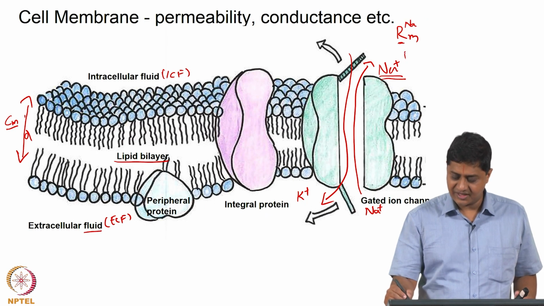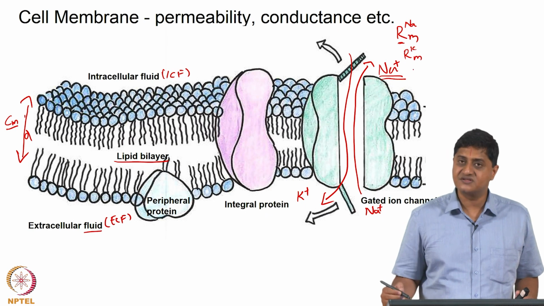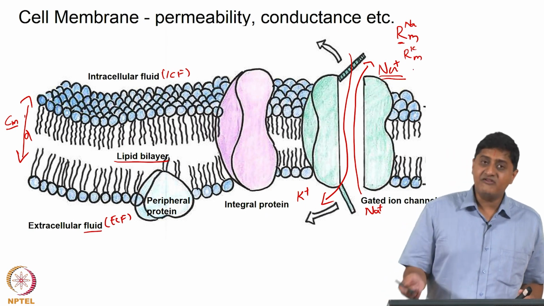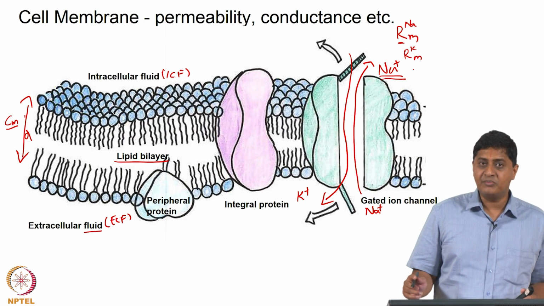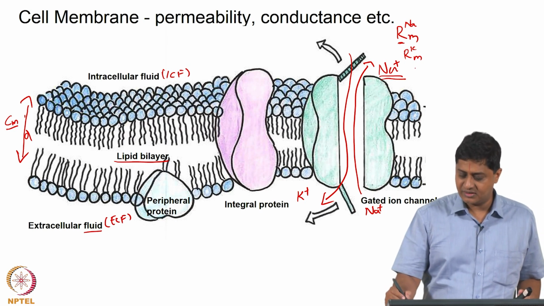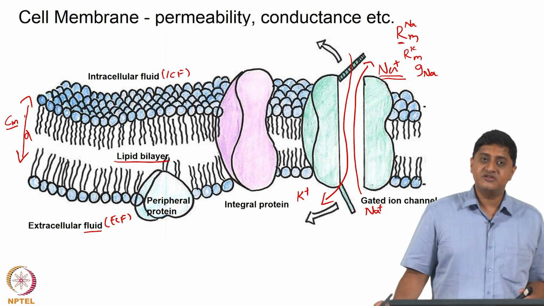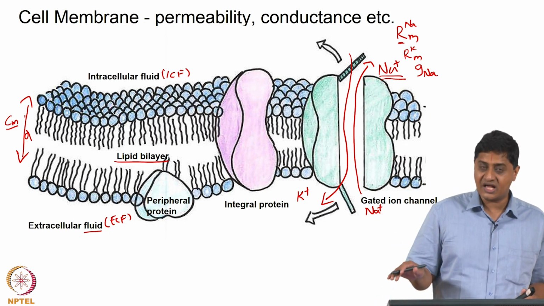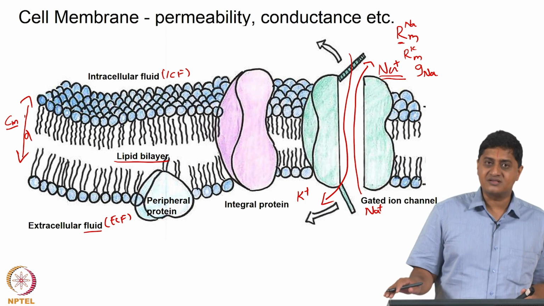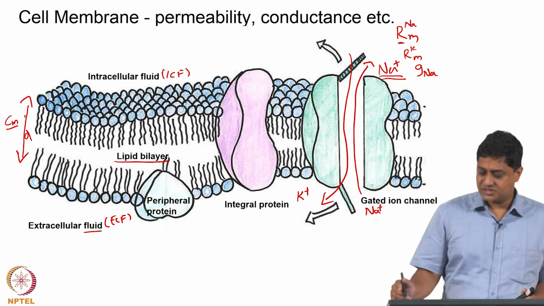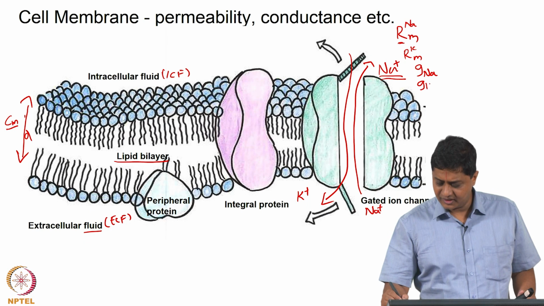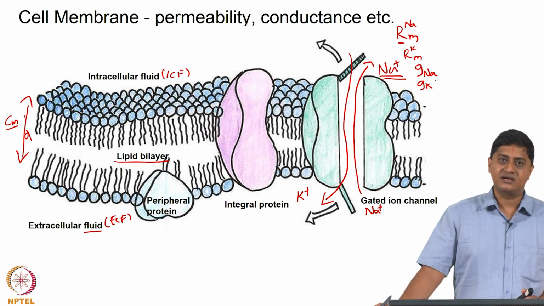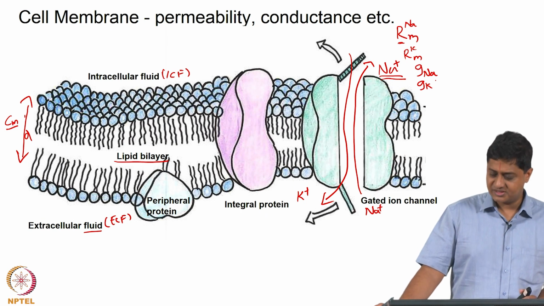Similarly, for potassium there is a membrane resistance, etc. Another way of looking at that is that the ability to move freely can also be defined as conductance. So, when you say sodium conductance is high, what it means is that the resistance of the membrane to sodium ions is less. So, another way of looking at that is as conductance of the membrane to sodium ions or to potassium ions.